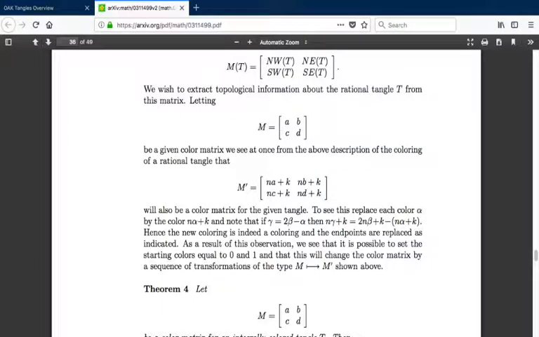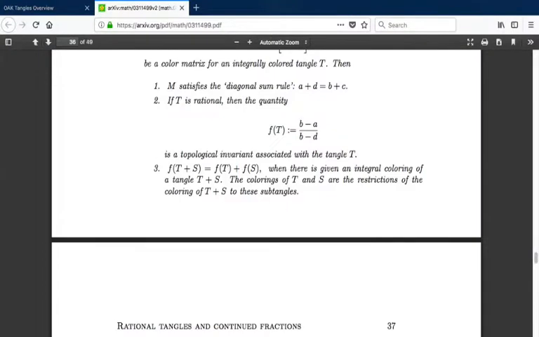So if I just draw on this for a second, we're taking this difference, B minus A, and we're dividing it by that difference, B minus D. And that's going to give me a fraction, a rational number. And the argument is that that fraction is an invariant of the rational tangle. So it only depends on the tangle itself and not which diagram or which form I'm presenting that rational tangle in. And so they go through some trouble to prove that for rational tangles this really is an invariant.